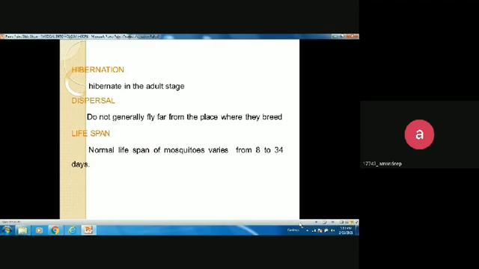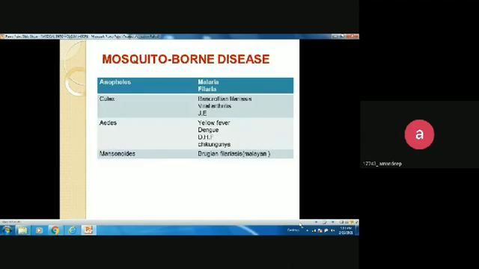Lifespan: normal lifespan of mosquitoes varies from 8 to 34 days. Mosquito-borne diseases. Anopheles: malaria, filaria. Culex: Bancroftian filariasis, viral arthritis, and JE. Aedes mosquitoes: yellow fever, dengue, DHF, chikungunya. Mansonia: Brugian filariasis.